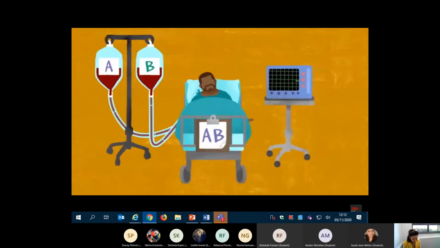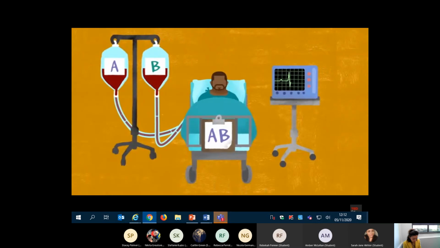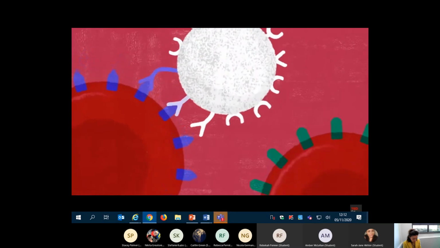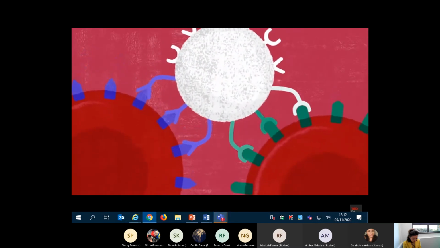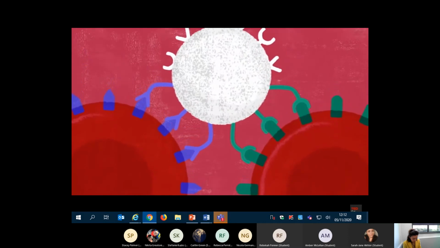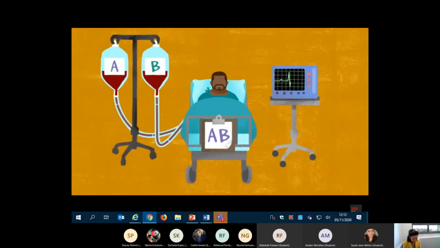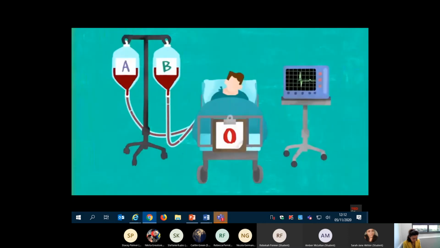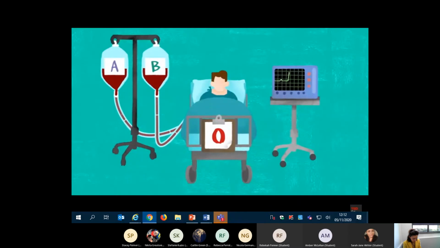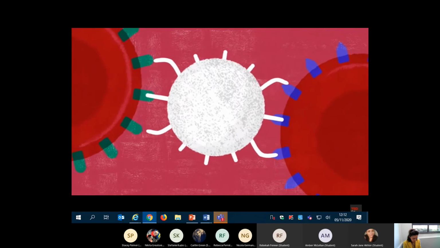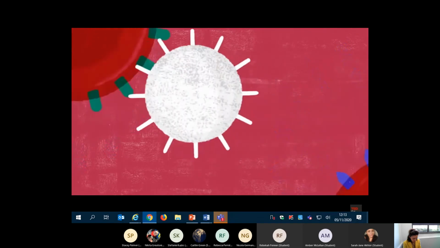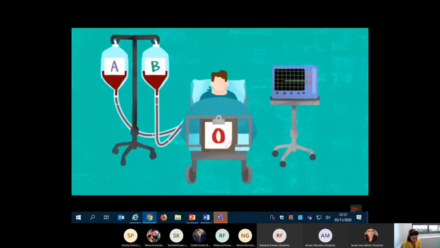But because people with type AB blood produce both A and B antigens, they don't make antibodies against them, so they will recognize either as safe, making them universal recipients. On the other hand, people with blood type O do not produce either antigen, which makes them universal donors, but will cause their immune system to make antibodies against any other blood type.